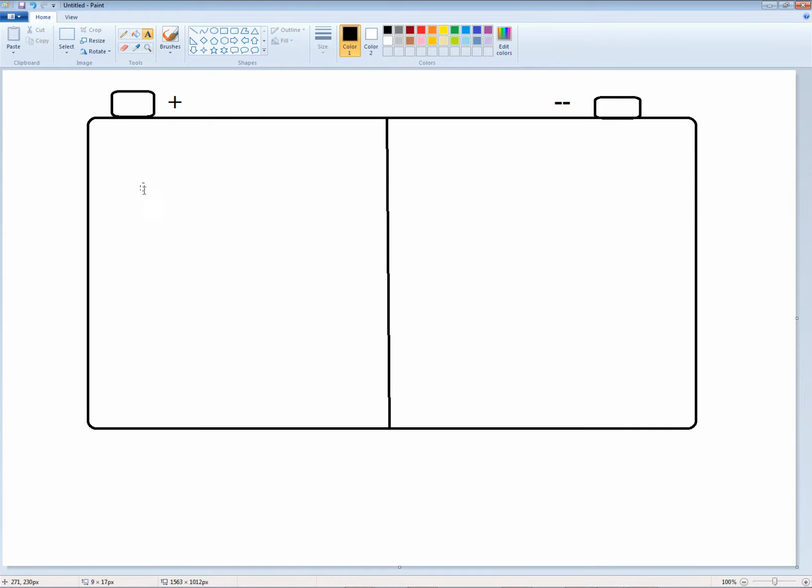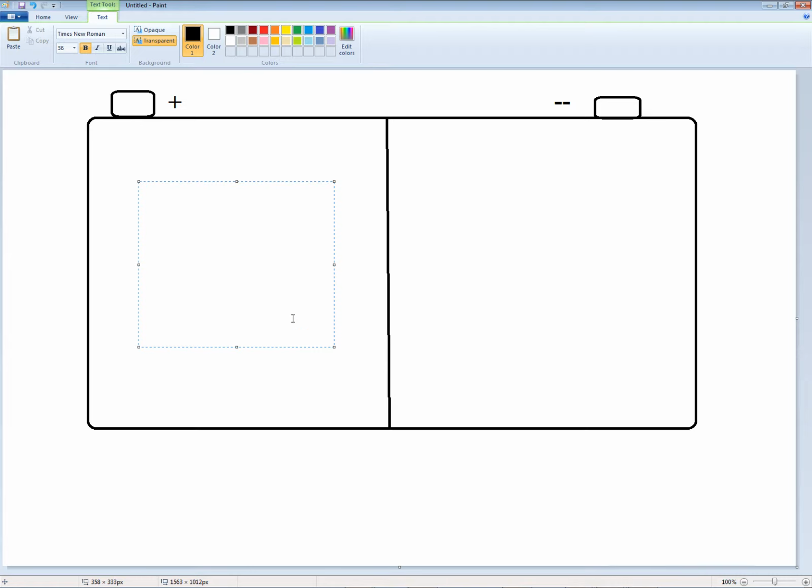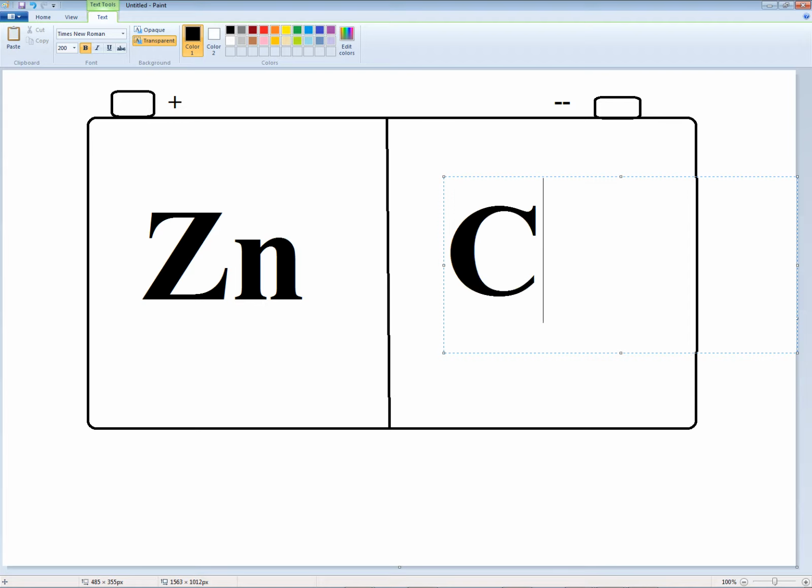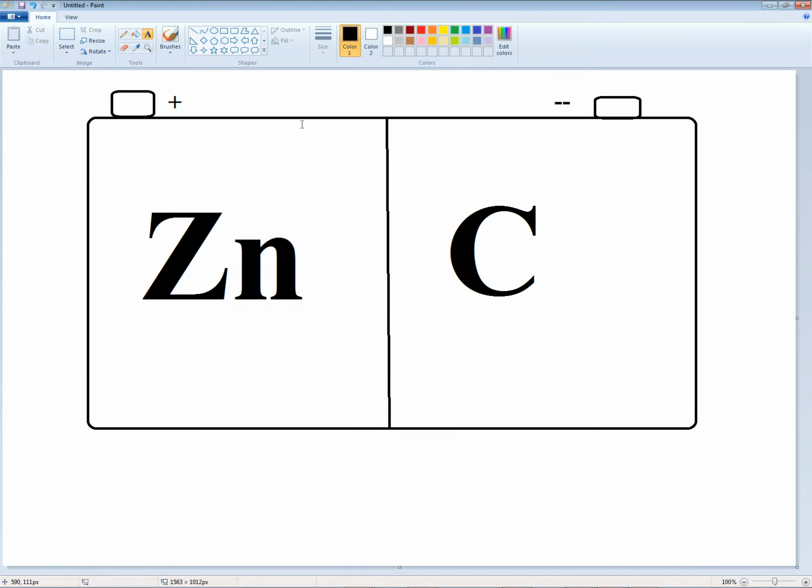So we might have zinc on one side and carbon on the other. Now, if we hook up a wire, let's make it red, to the two terminals.